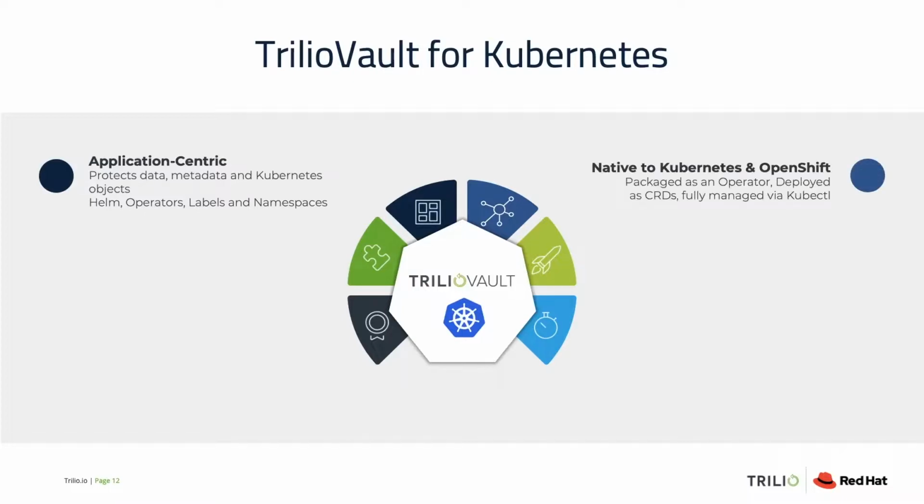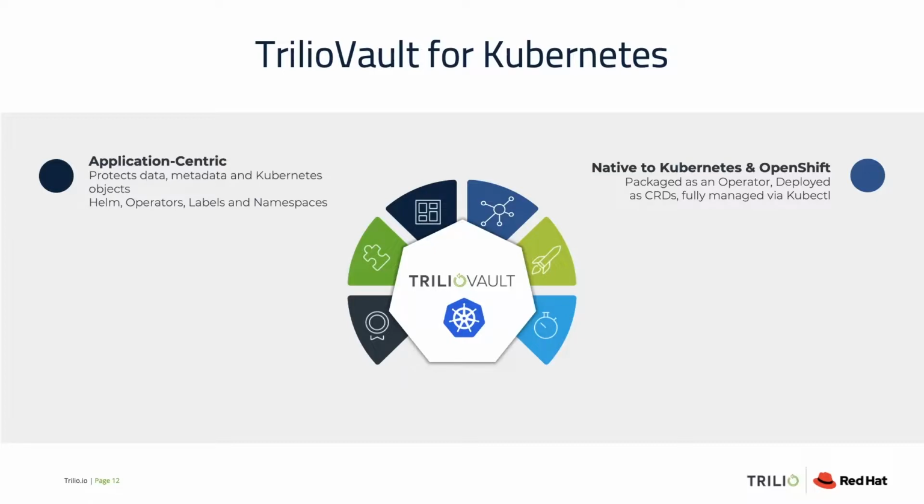Now, what we've done is we've packaged it and built the product as a cloud-native solution. So it is certified to run on any Kubernetes distribution. But we have taken one step further with the OpenShift landscape by aligning with the OLM framework.